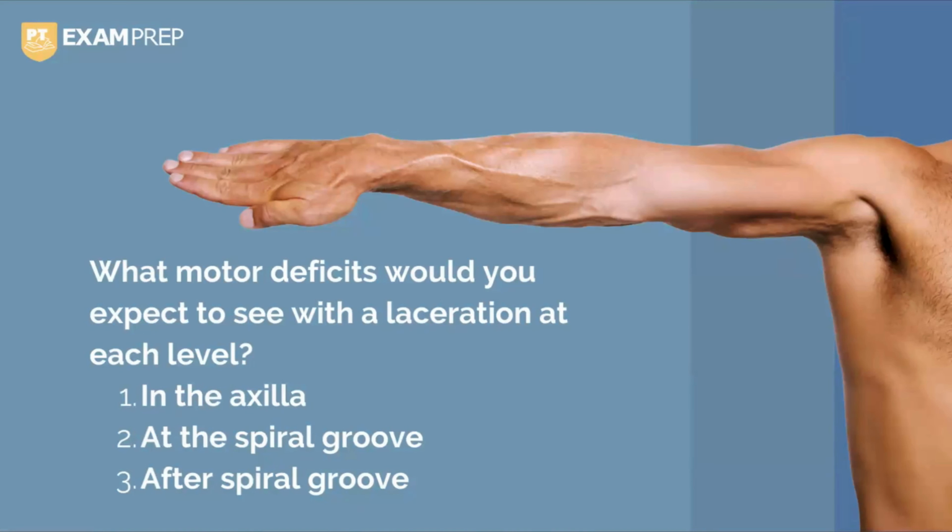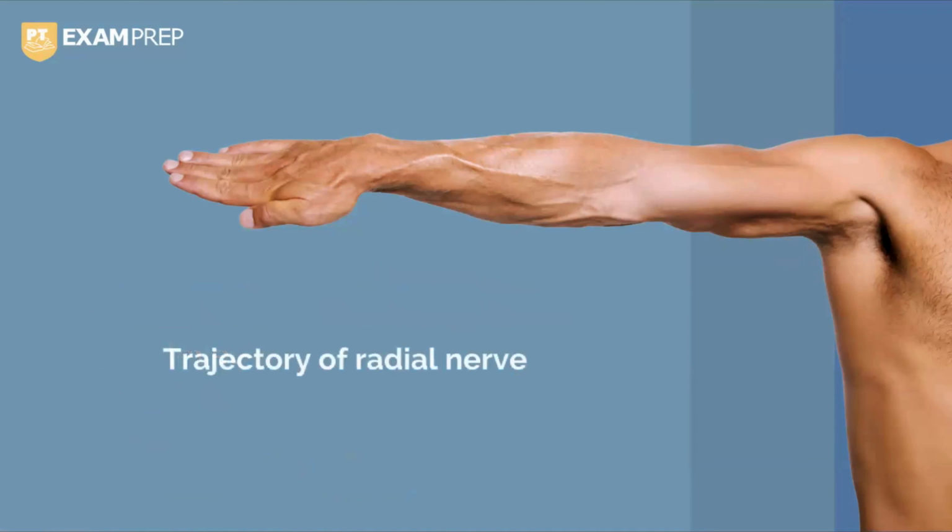We're going to be answering the question: what motor deficits would you expect to see with a laceration at each level? So we're going to go through each of these levels. The first level is at the axilla, then at the spiral groove, and then after the spiral groove. In order to do this, you need to know the trajectory of the radial nerve.